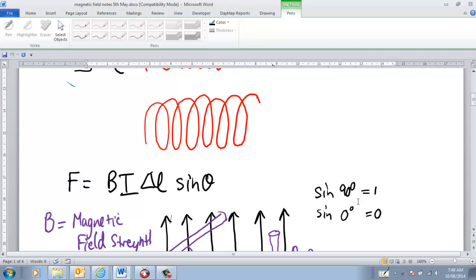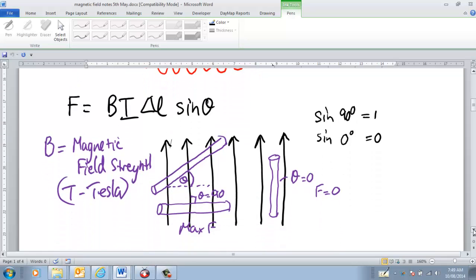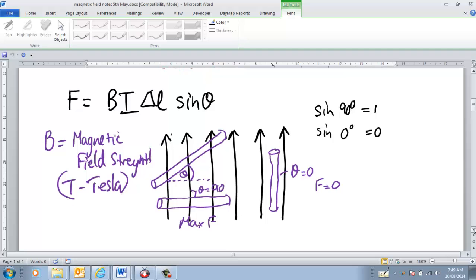Alright. If the wire was at 0 degrees, in other words, in this case here, the wire is in the direction of the field, there is in fact no force on that. It's only when it's perpendicular to the field, like in this case here, that you actually get a force directed on that particular wire.